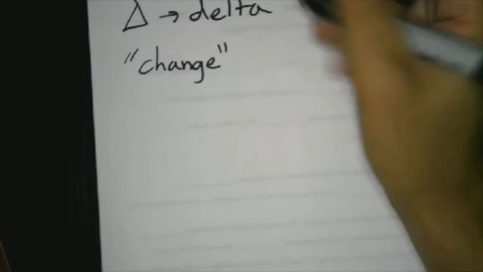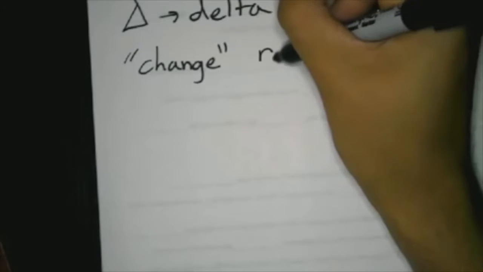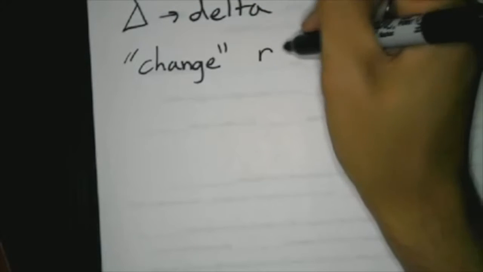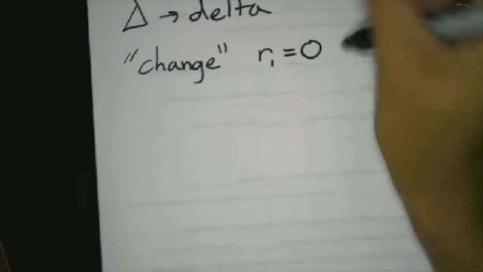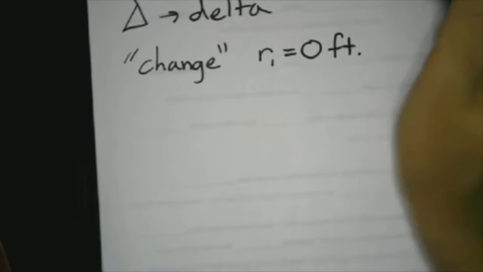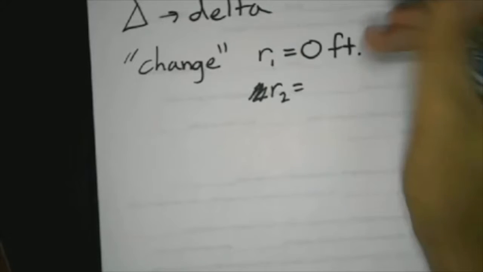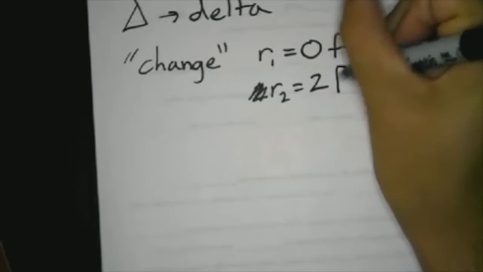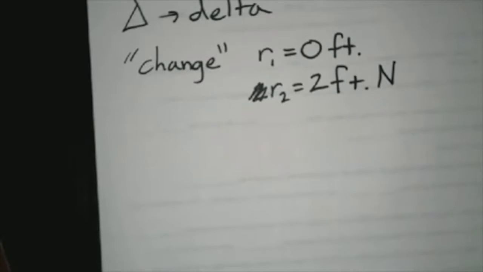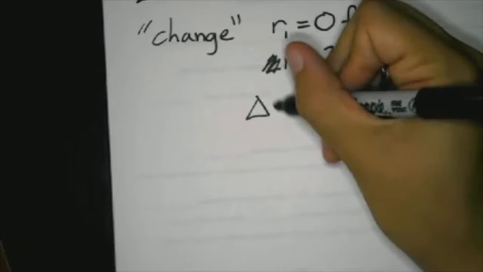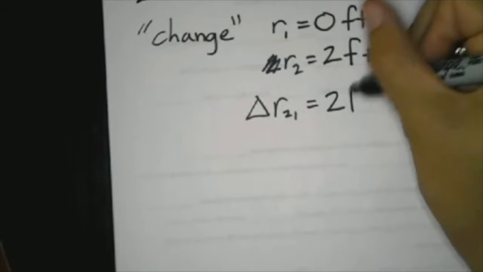So if I have a displacement, if I have a position, so that means my starting position, R1 is equal to 0, and R2 is equal to 2, I'm going to say that my change in position is equal to 2 feet.